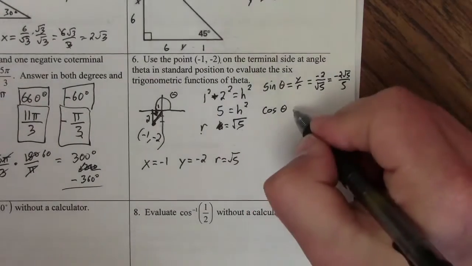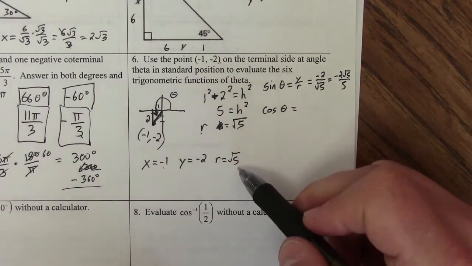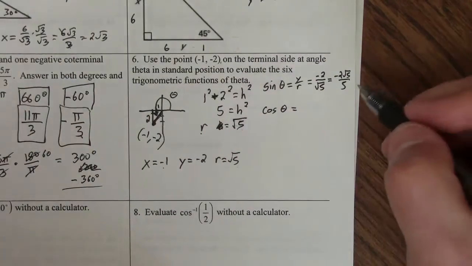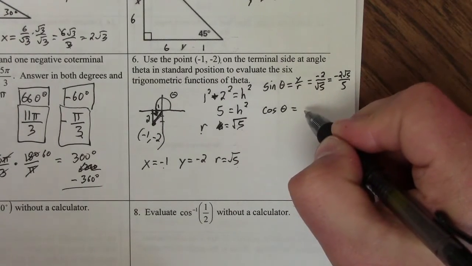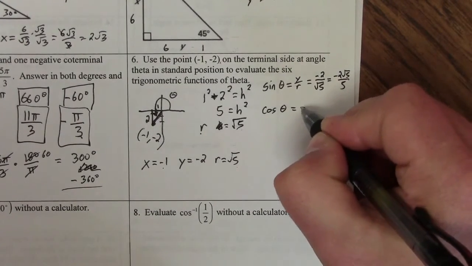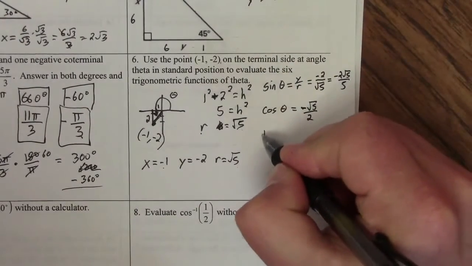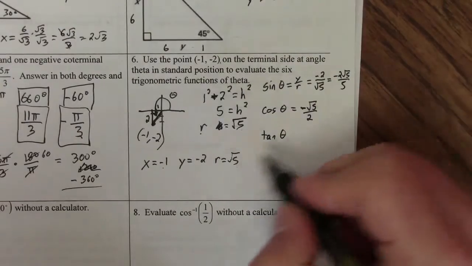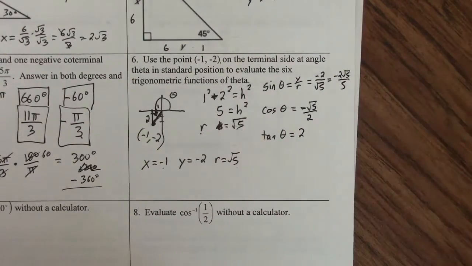Cosine of theta is going to be x over r. So after rationalizing, it's going to be -rad 5 over 5. Tangent is y over x, so it's -2 over -1, so it's 2.